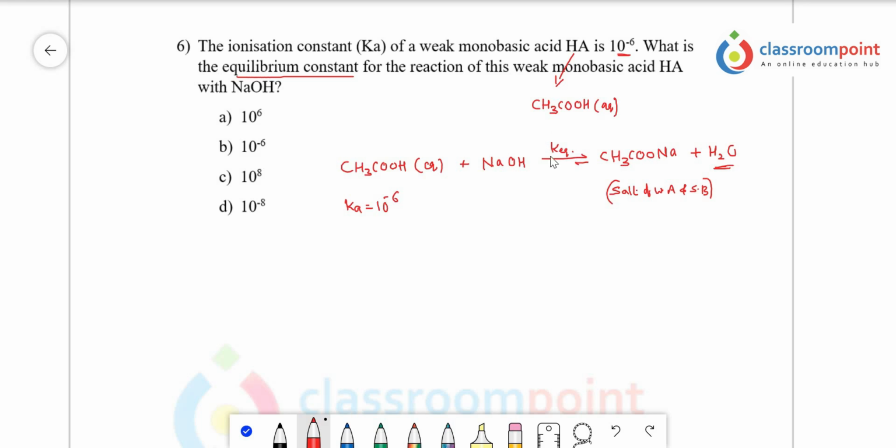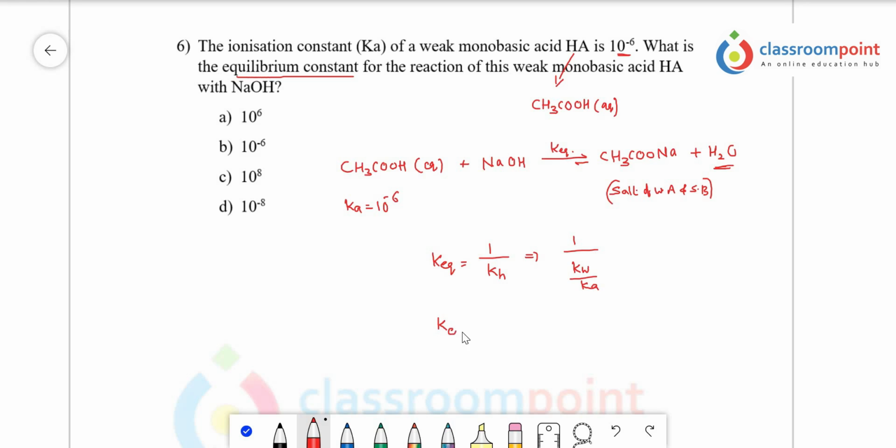For any reversible reaction, the equilibrium constant of the reverse reaction is the inverse of the forward reaction. So we can write: equilibrium constant equals 1 upon the hydrolysis constant of the salt of weak acid and strong base. And Kh for this is Kw by Ka, so 1 upon Kh equals Ka by Kw.